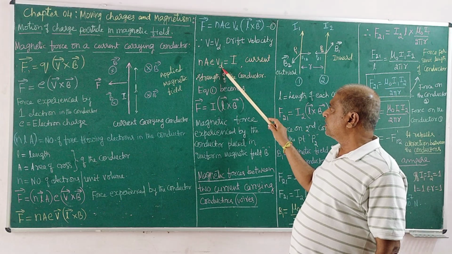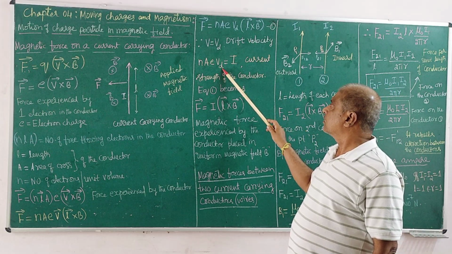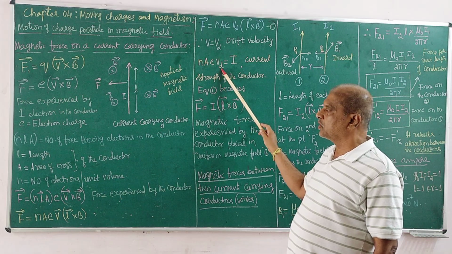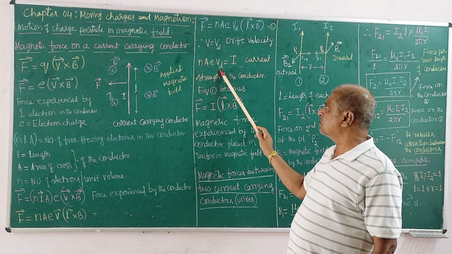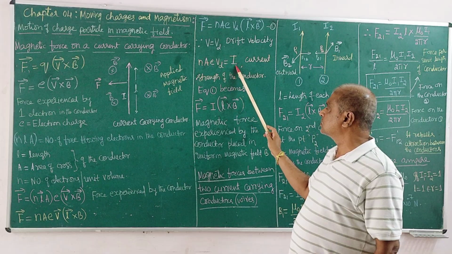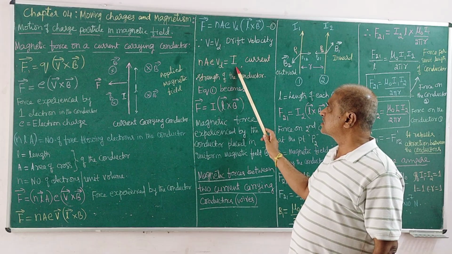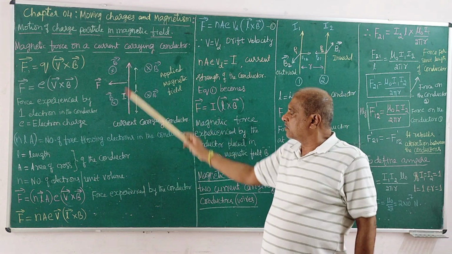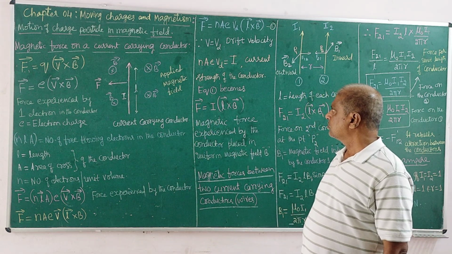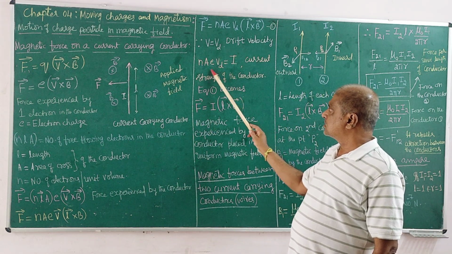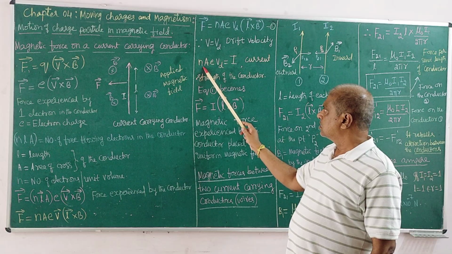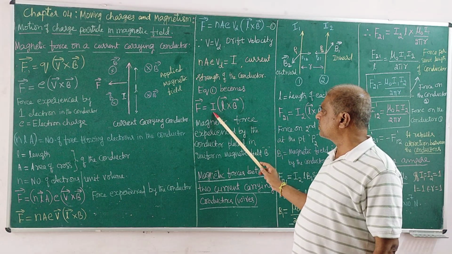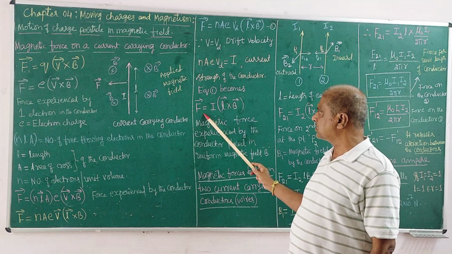Substitute v as vd, we get this expression, and we know that this expression is also known as I, the current strength in the conductor. Now replacing these terms by I, we arrive at the final equation.